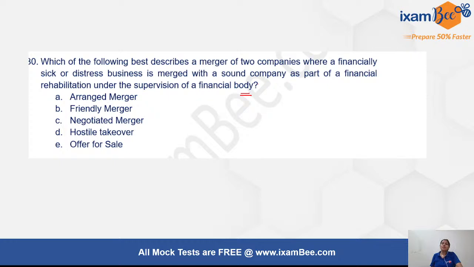So in order to save a financially weak or distressed business, we are merging it with a stronger or better off business in the same industry. What do we call this kind of merger? There are various types of mergers.